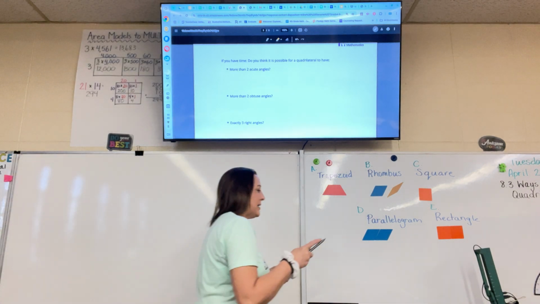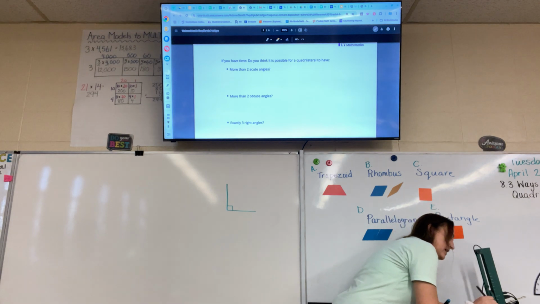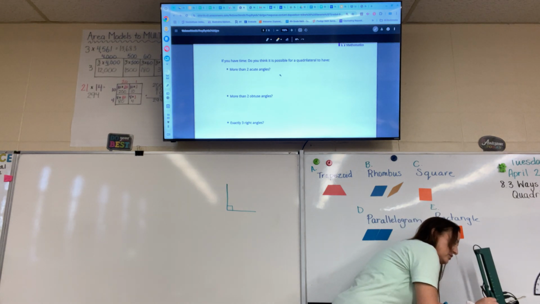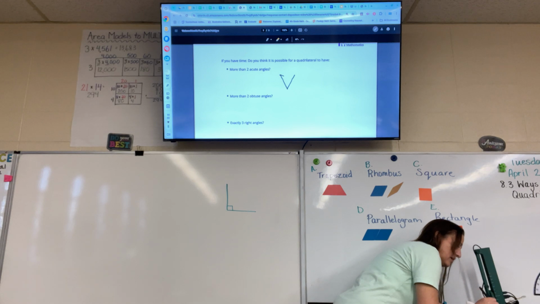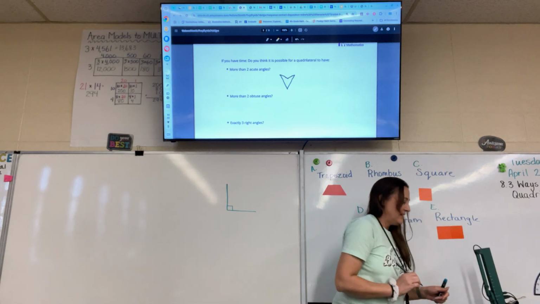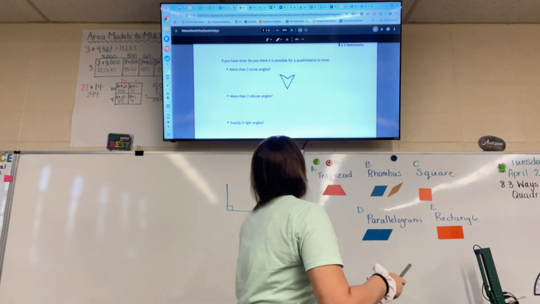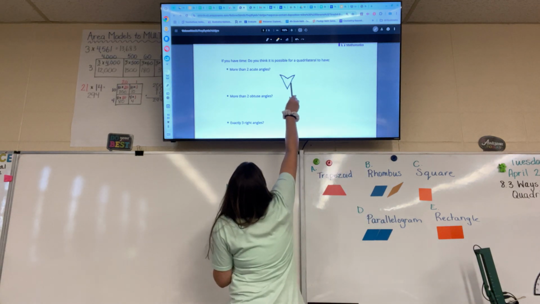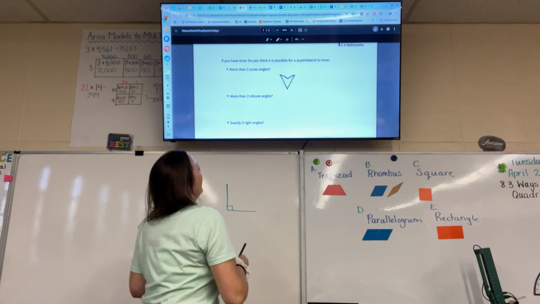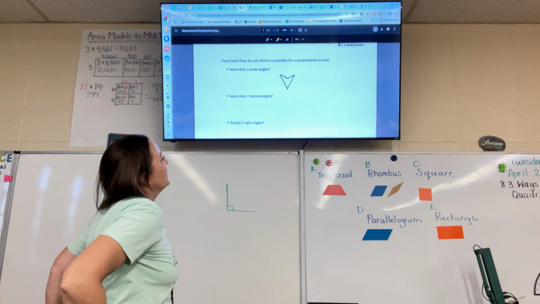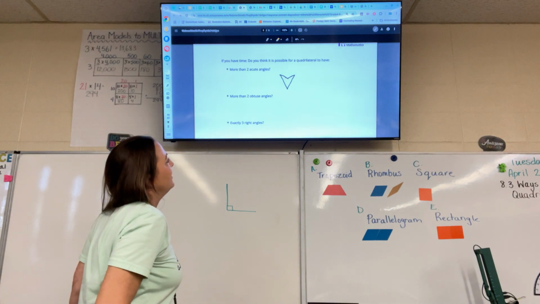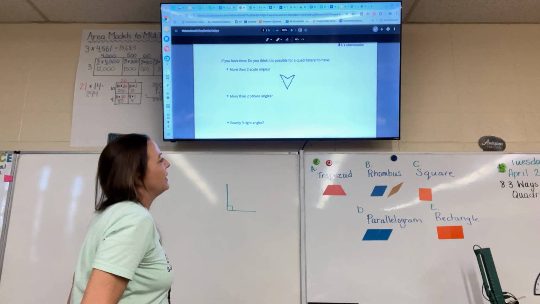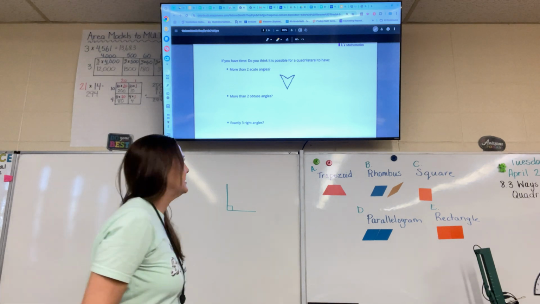This is one that a student in another class drew that is similar to what Richard just drew. So is that a four-sided figure? Yeah. 1, 2, 3, 4. Does it have three or more acute angles? Yes. Pretty crazy.